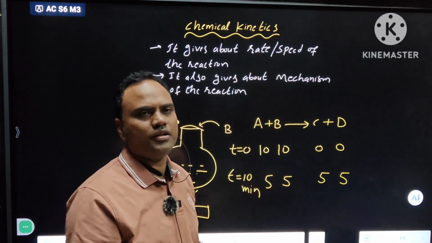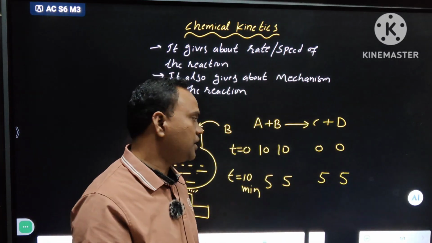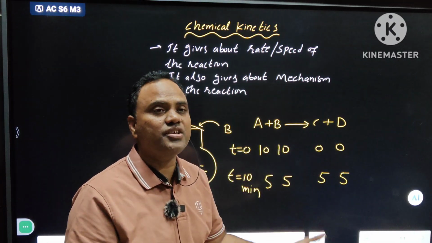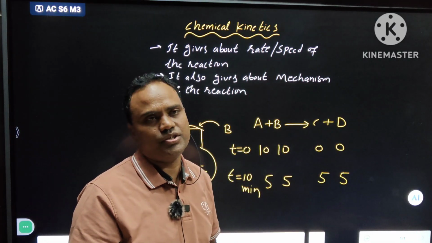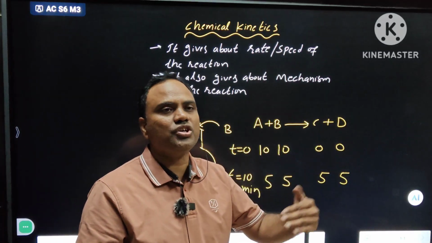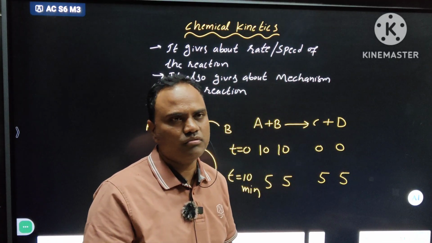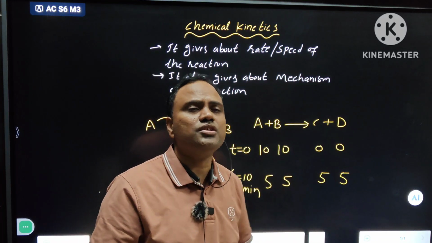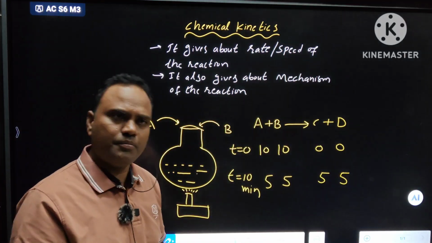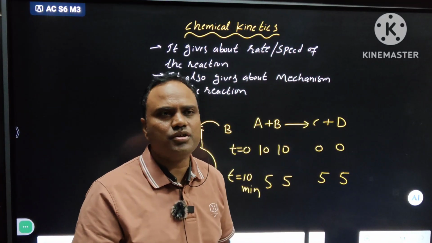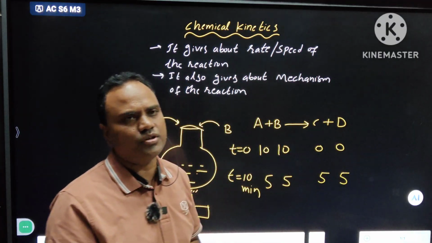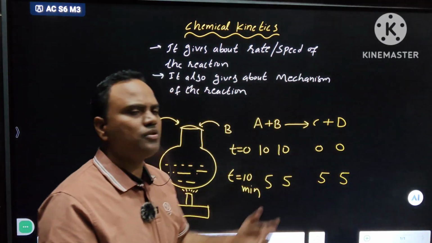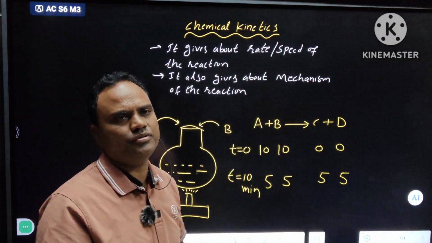Initially reactants are 10. After some time their concentration becomes 5, means changed. So we can use this word change in the concentration. As time proceeds, change in the concentration takes place, maybe in the reactants concentration or maybe in the products concentration. Products concentration is 0 and as time proceeds, it is increasing.